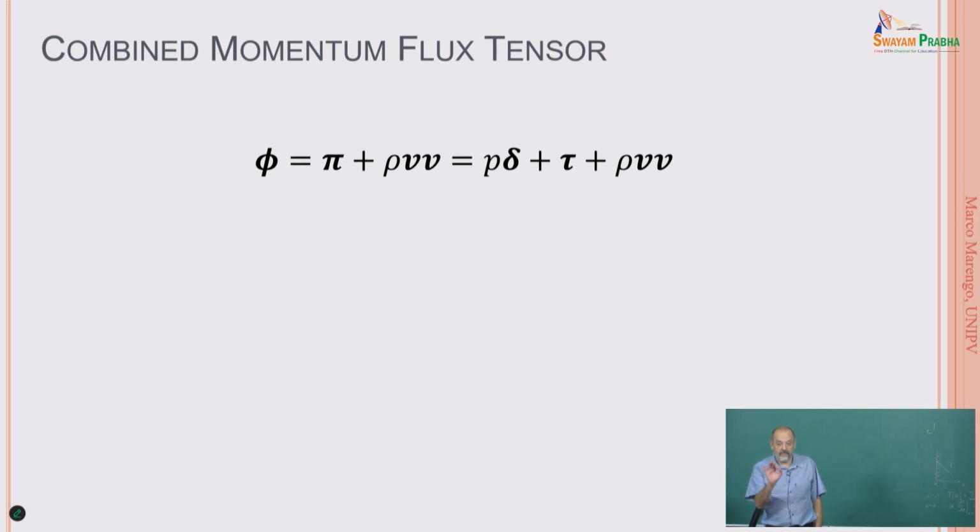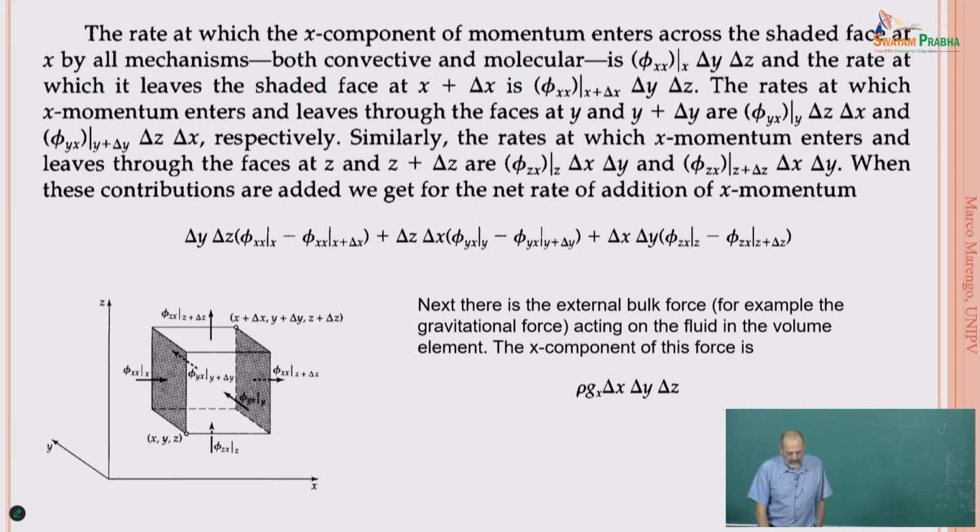Kind of small reminder, phi is what? Is P delta plus tau plus rho VV. Okay? So let's say in the vectorial form. Okay. So I need to skip this, but let's say that we are going to do this kind of operation as we have done for the mass. We are doing that for the phi. Before was the mass, now phi. Okay?